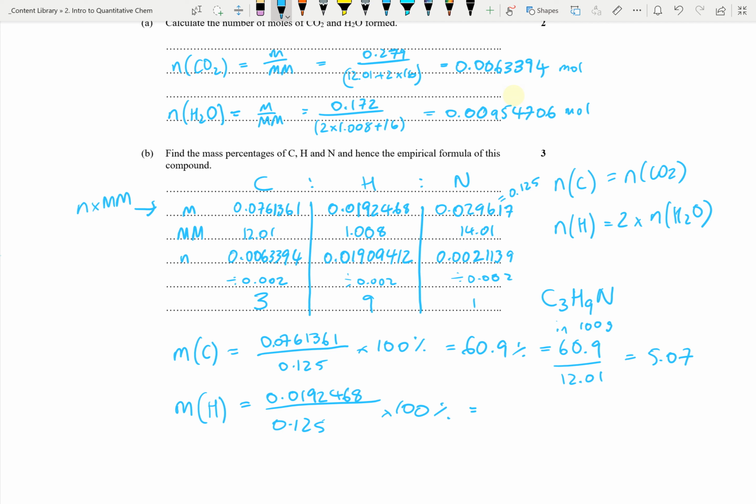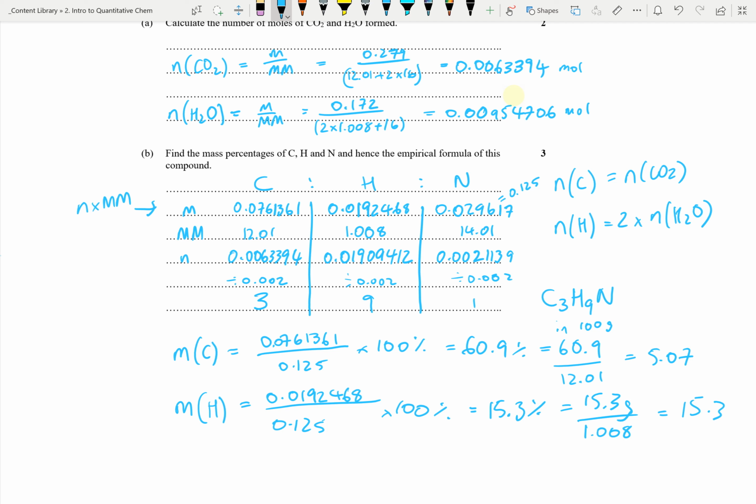This is so stupid. That gives me 15.3%, which is 15.3 grams in 100 grams, divided by 1.008, which basically just equals 15.3.